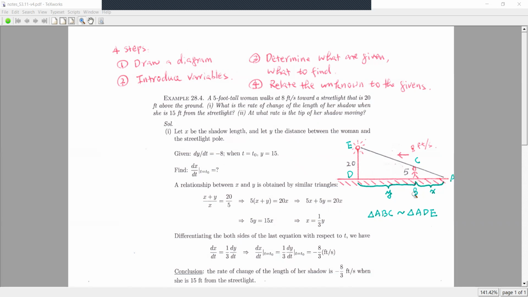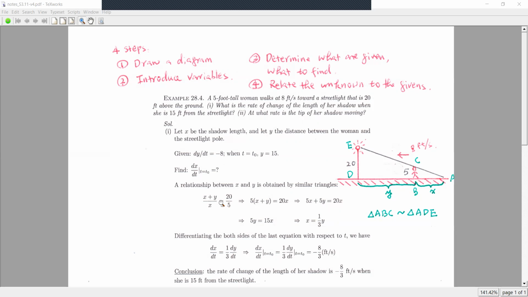AD is x plus y, over AB, which is x, is equal to DE, which is 20, over BC, which is 5. So I have this equation.